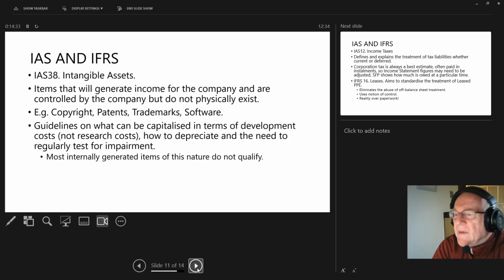So if we're developing something for publication, that's fine, even though we generate it internally, if we can identify some costs. How to depreciate? Well, it's not going to be a straight line or anything like that. We've literally got to revalue everyone and think about them carefully at the end of every year. For some businesses, these are very important, and we need to do an impairment test every year on every single one.